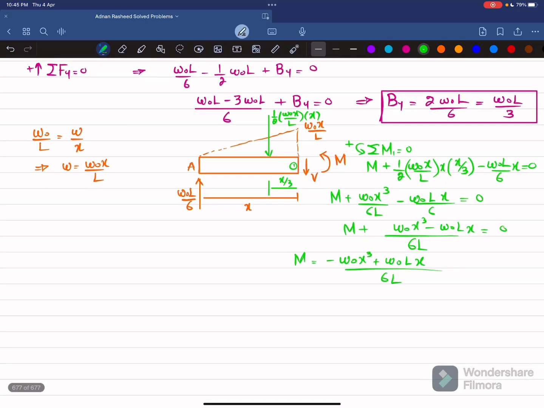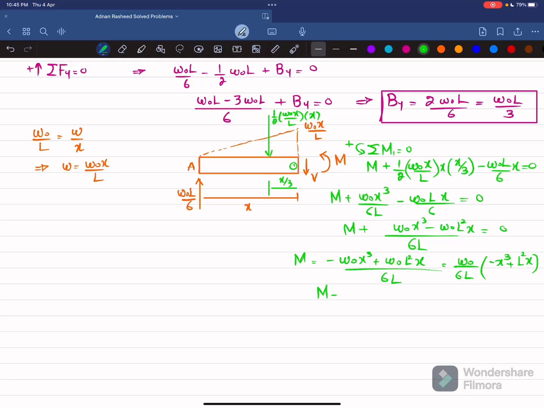And when you take W naught over 6L common, you will get minus x cube plus L x. When you divide this by 6, it will be L, and that will give you L square. So it is W naught L square x, so here I will have L square x.